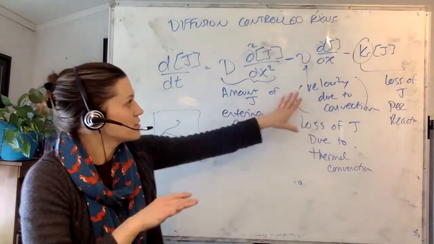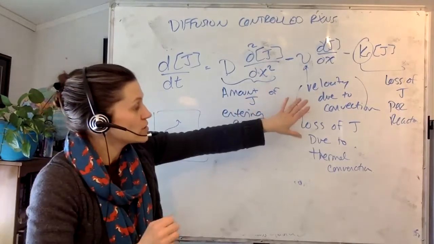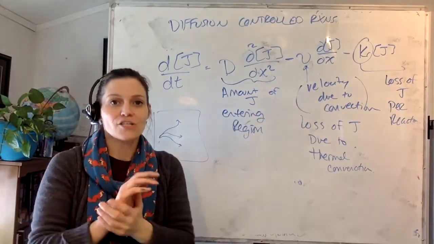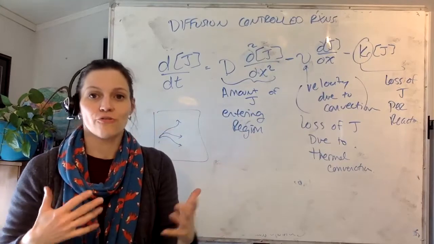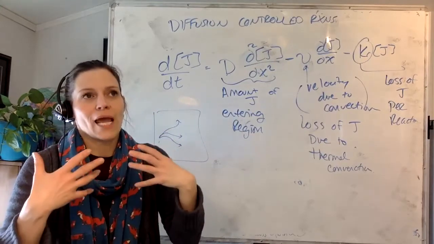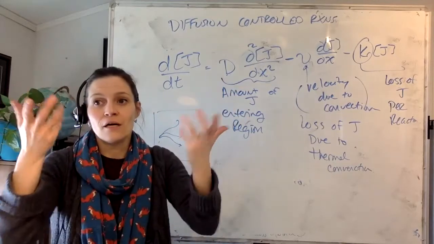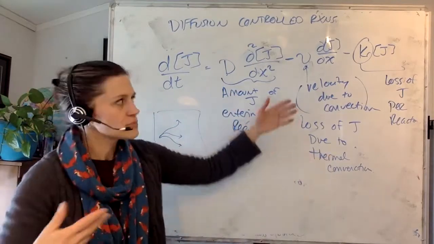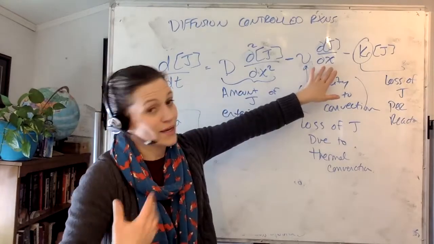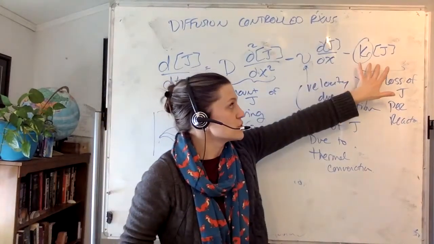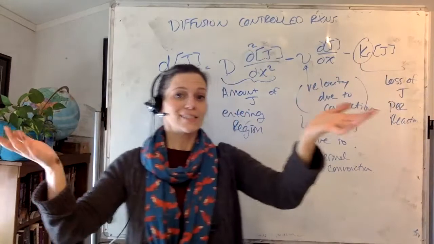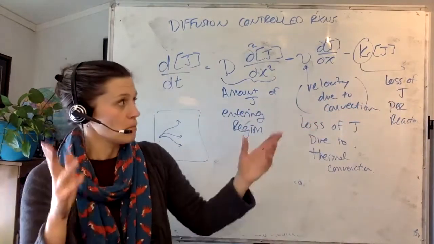So that's how many you start with. Then you might lose some to reaction because there's going to be a spontaneous flow due to convection effects. Heat rises, that thermal energy is going to make itself move, and so you're going to lose some J that can then react. You're also going to lose some J based on the fact that J has reacted into something else. So A has become B.